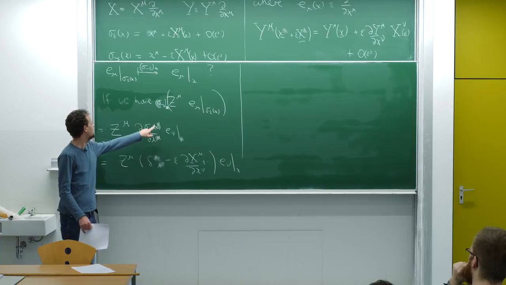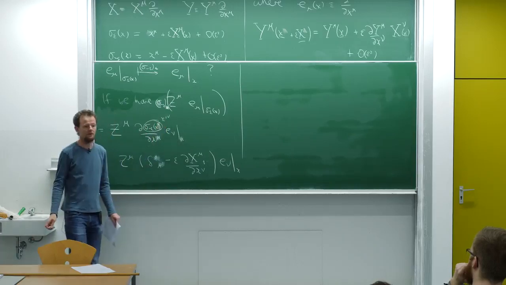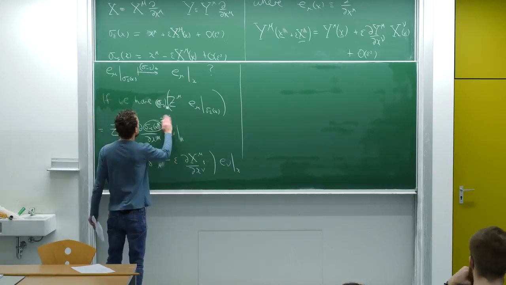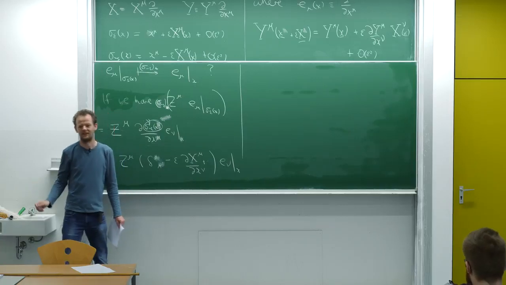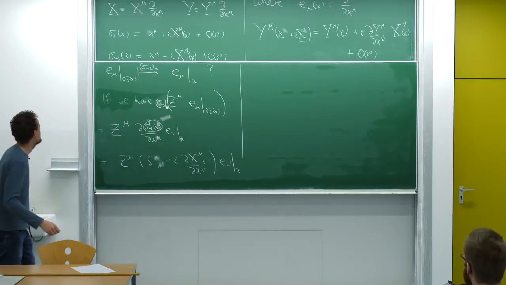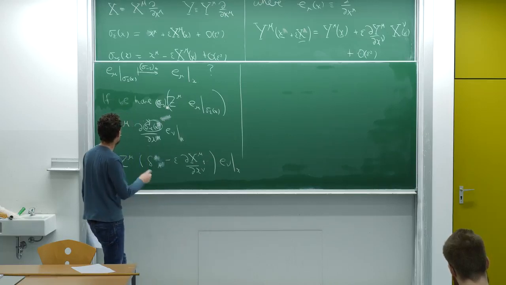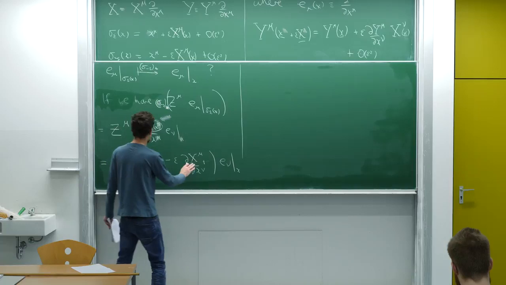So this is defining the coordinates x prime nu. Thank you. That's what I was doing wrong. Okay, now I think everything works.